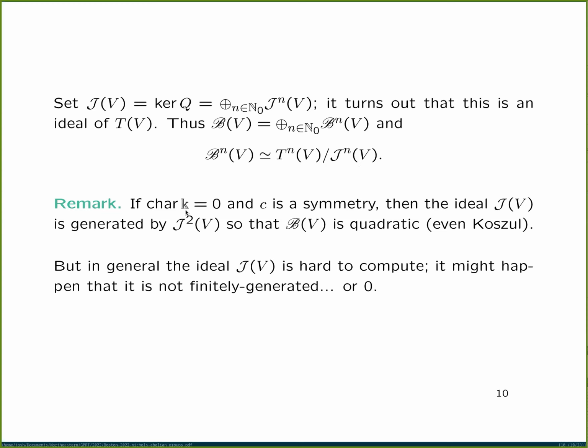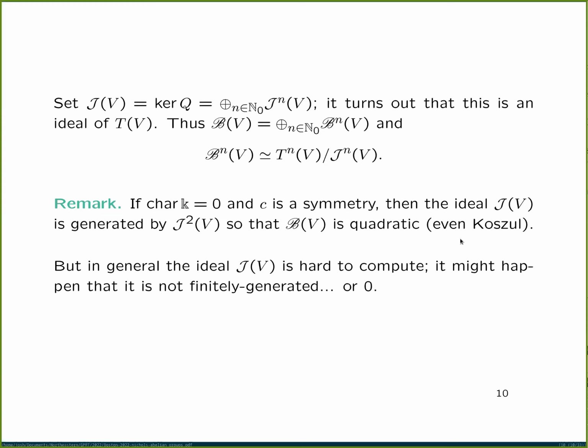If the characteristic is 0 and C is a symmetry, then the ideal I of V is generated by the degree 2 homogeneous component. And in this case, of course, B of V is quadratic, and it can be shown that it is Koszul. If the characteristic P is positive and C is a symmetry, then, this answers your question, you do not need the Nichols algebra to be quadratic, because even for the usual transposition, you have to add the P-th powers.